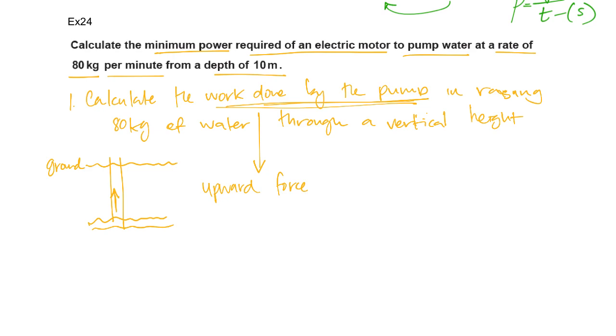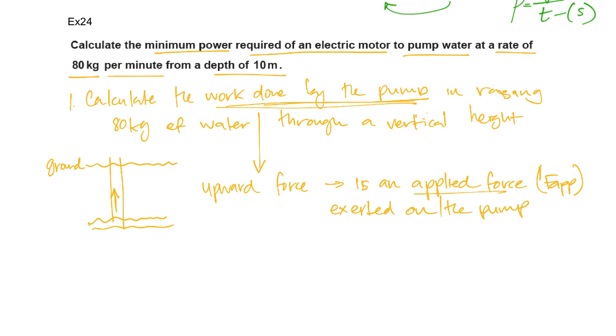There is an upward force, which means an upward force is an applied force, exerted on the pump. All that means, if I have an applied force, then I've got non-conservative forces. So we're working with non-conservative forces.